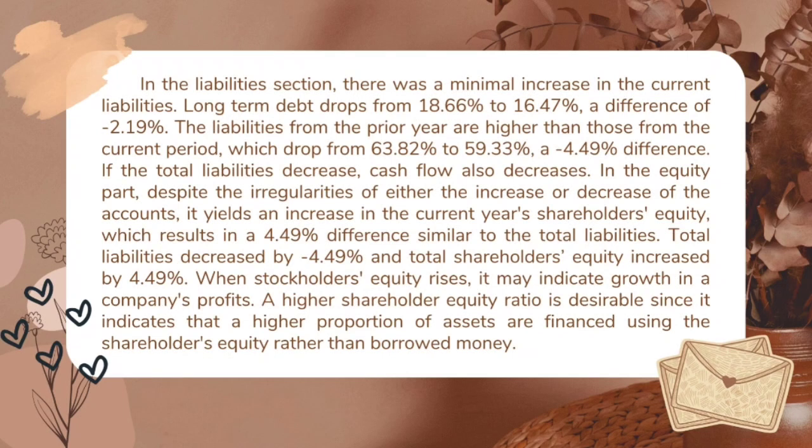When stockholders' equity rises, it may indicate growth in the company's profits. A higher shareholder equity ratio is desirable since it indicates that a higher proportion of assets are financed using the shareholders' equity rather than borrowed money.